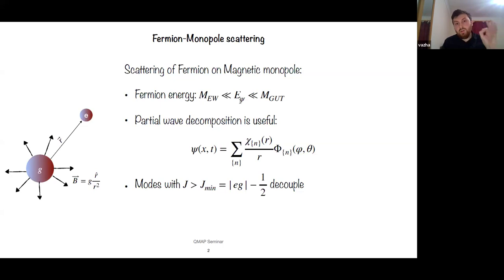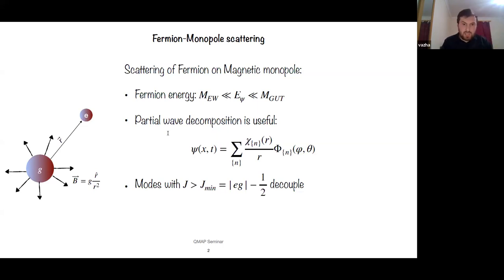This standard model fermion has an energy that is much bigger than the electroweak scale, such that I can ignore the mass of this fermion, but it is much smaller than the GUT scale, such that I can ignore the size of the monopole. Technically, I should also assume that this fermion has small enough energy that it cannot excite the ionic excitations of the monopole.